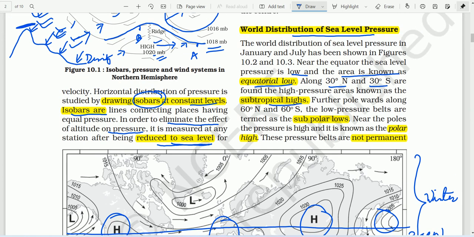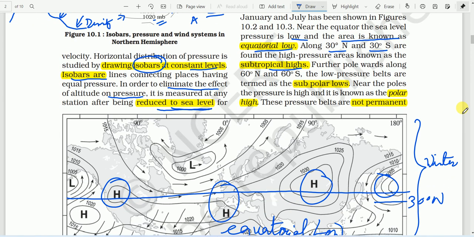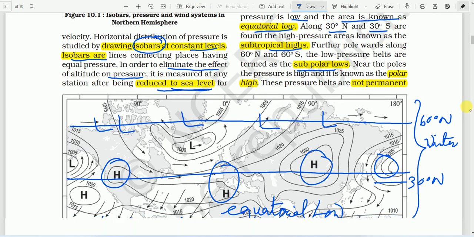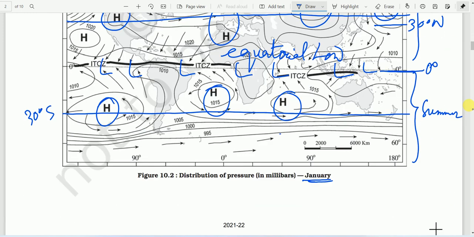And further polewards along 60-degree north and south, along this 60-degree north latitude, you will find a subpolar low. Here you will find a belt of low pressure system, known as subpolar low. Likewise, here in the south also, along this line, you will find low pressure, subpolar low.